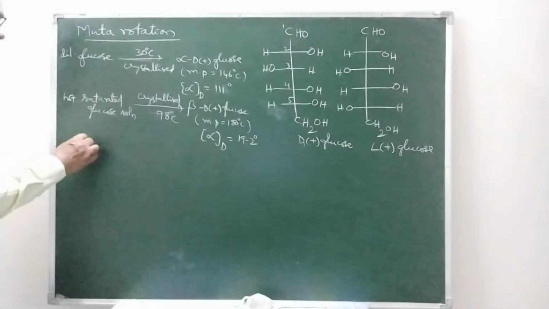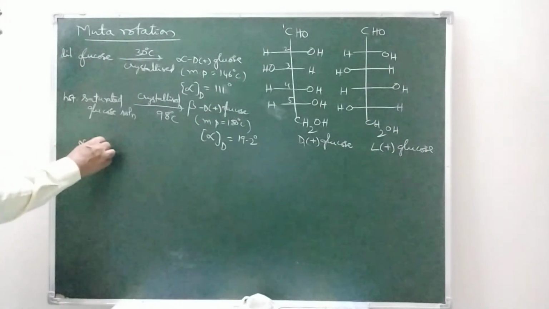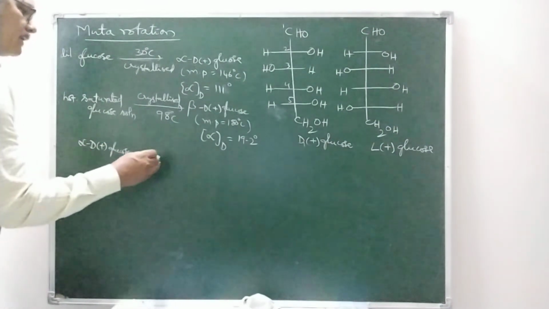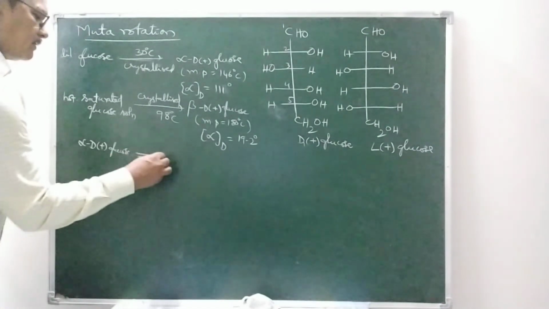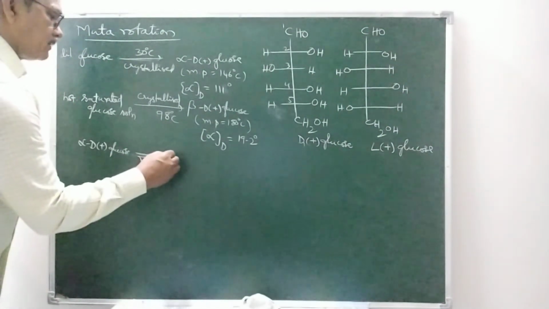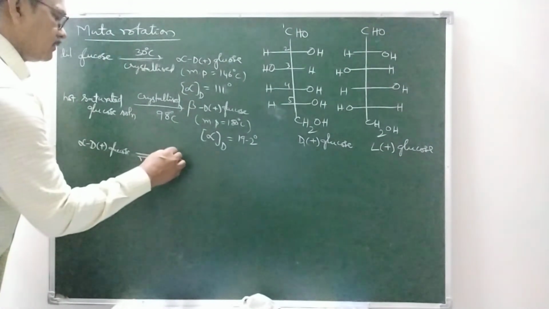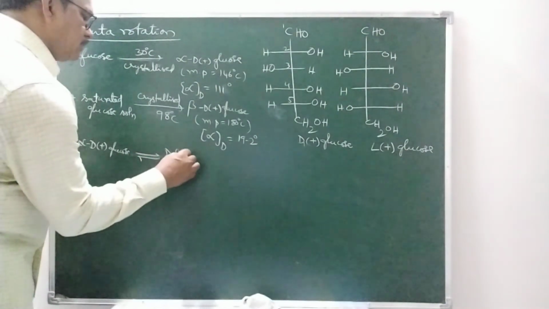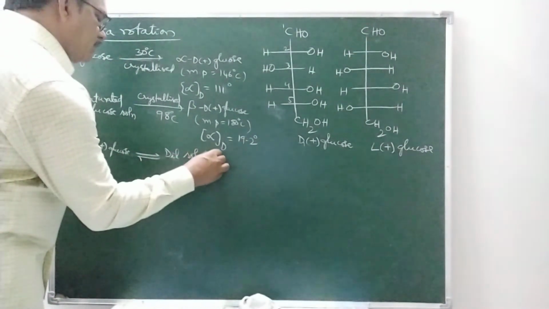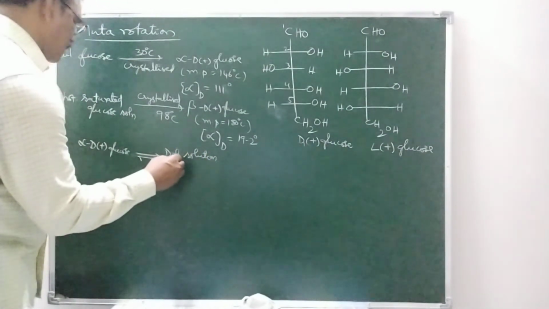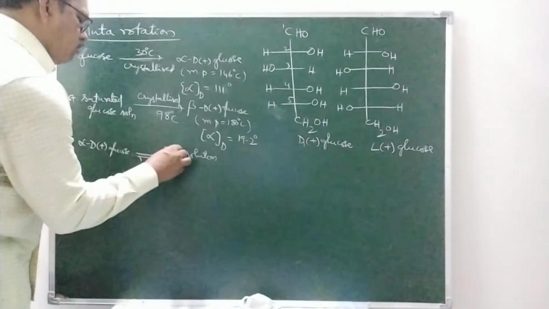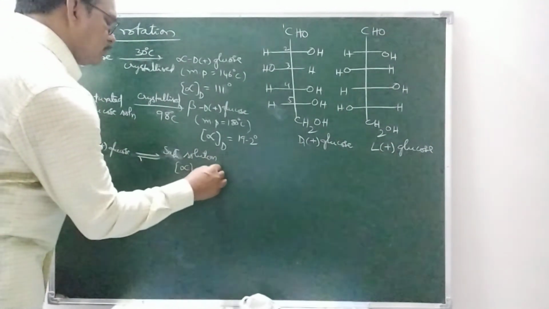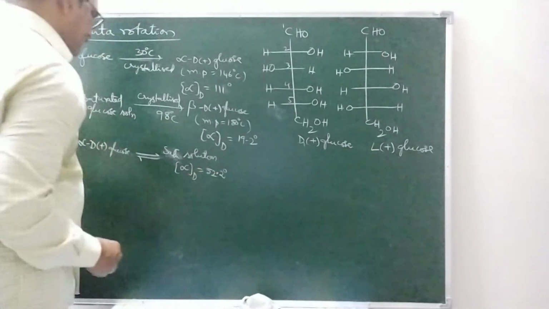If alpha D glucose is dissolved in water, then a saturated solution is formed whose alpha D is equal to 52.2 degrees.